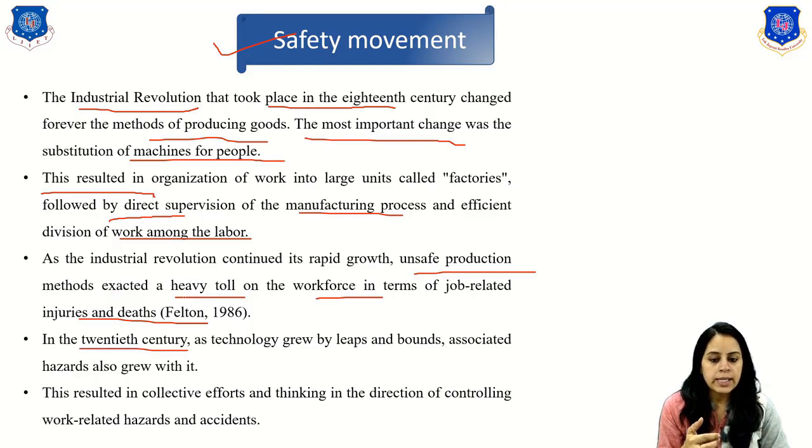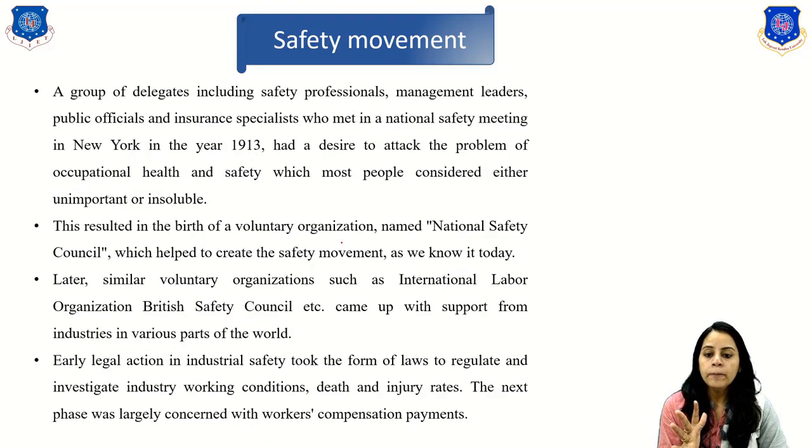In the 20th century, as technology grew by leaps and bounds, associated hazards also grew with it. This resulted in collective effort and thinking in the direction of controlling work-related hazards and accidents.